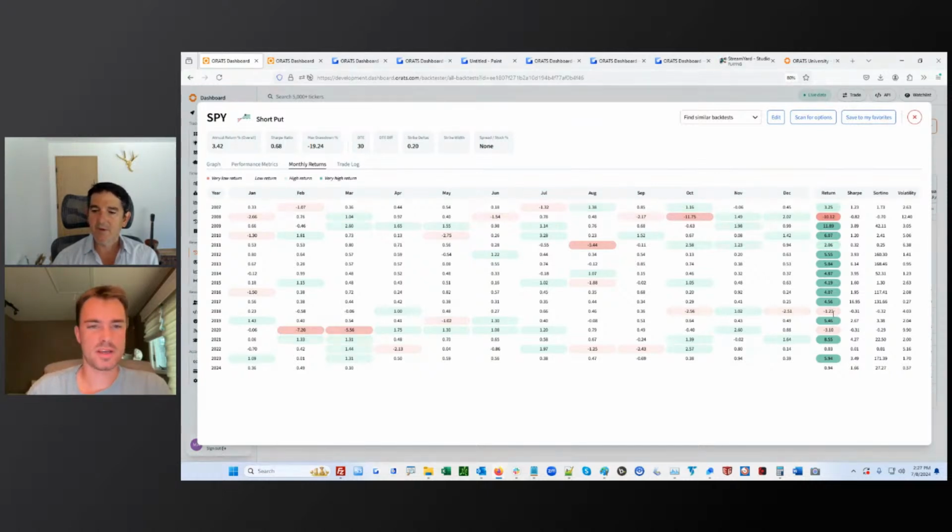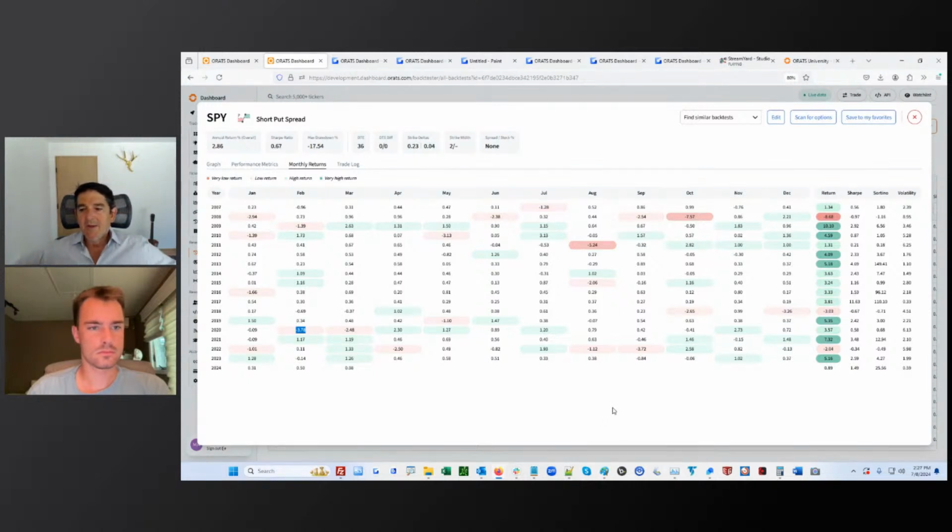Yeah, I mean, the short put definitely looked like it had some worse months than the spread. Okay. So if you just look at months, 11.75 and the 7.20. And then if you look at the short put spread, 7.5 and 3.78. So that's quite a bit less.